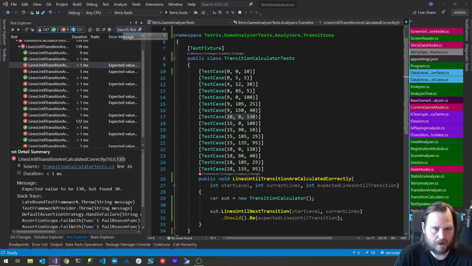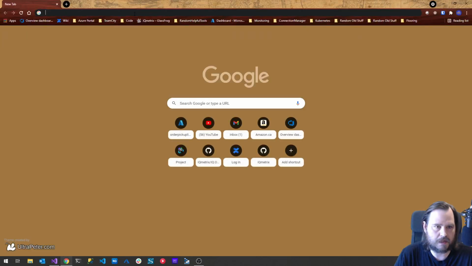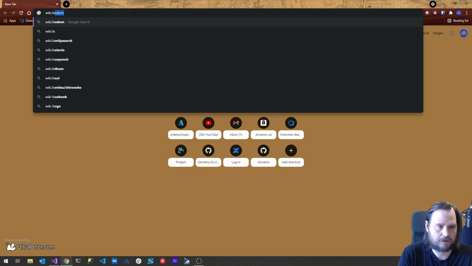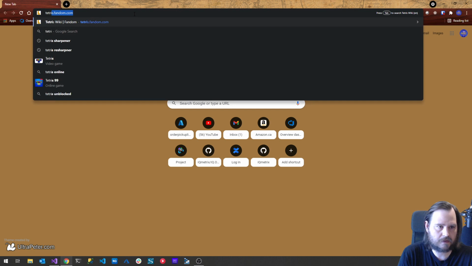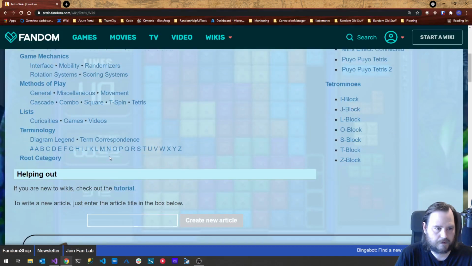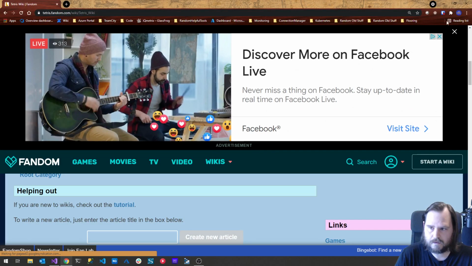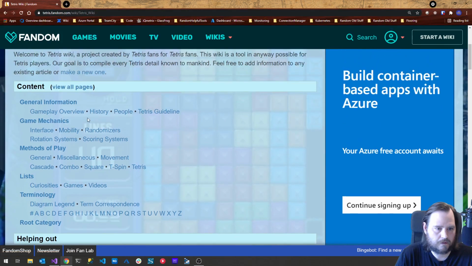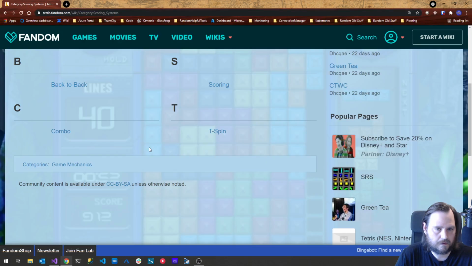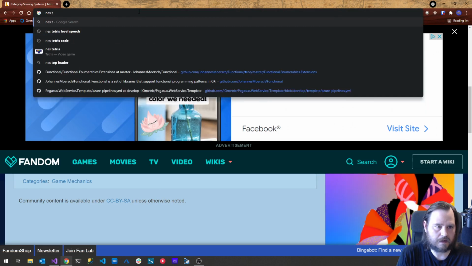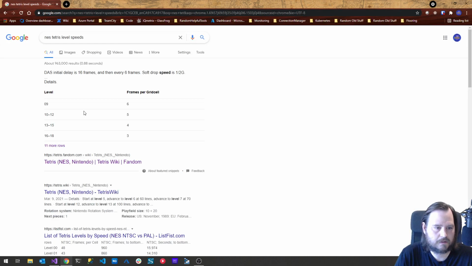Okay, let's get that wiki page that we were seeing before. Tetris fandom, tetrisfandom.com. NES Tetris level speeds.